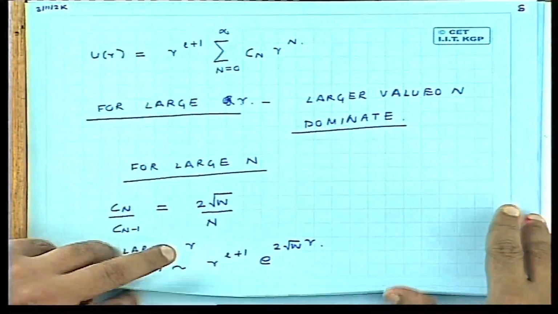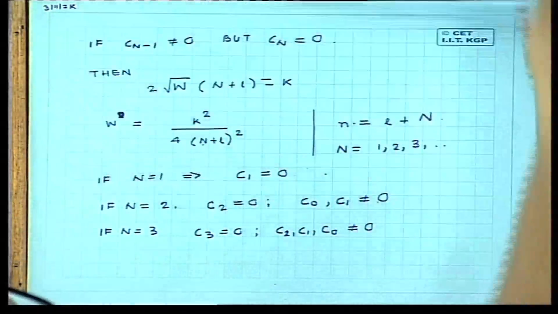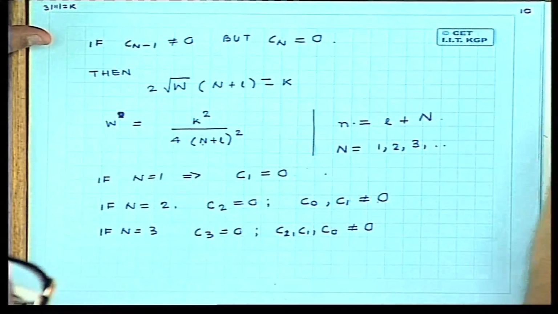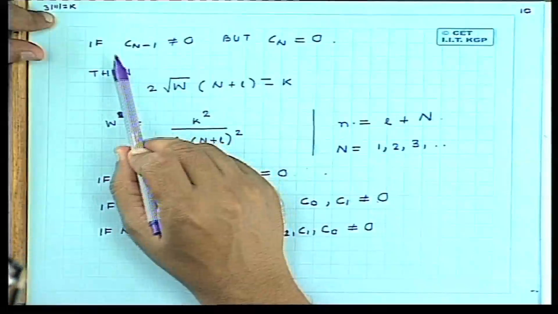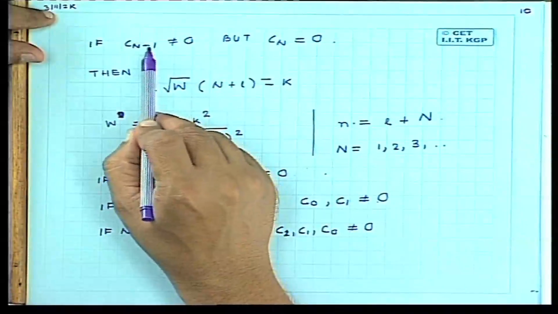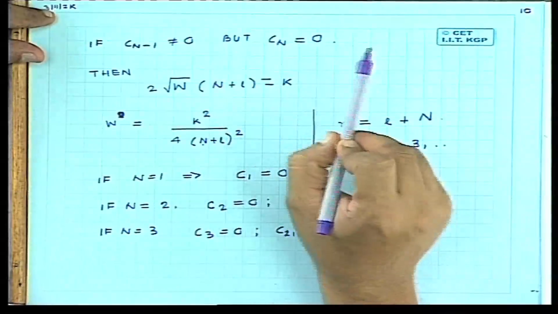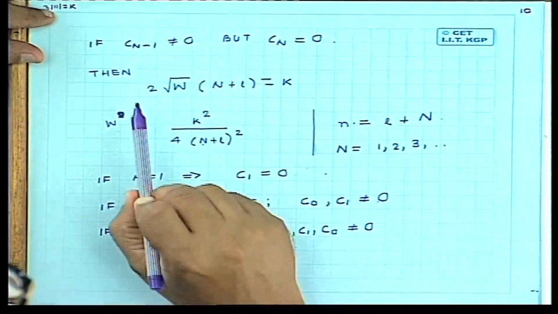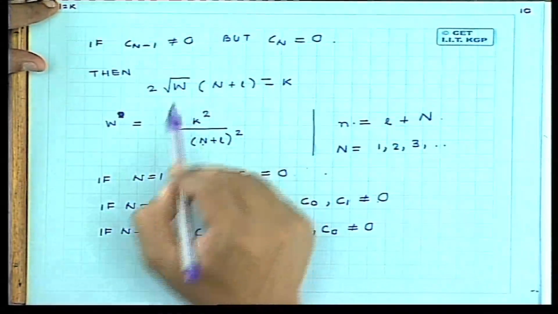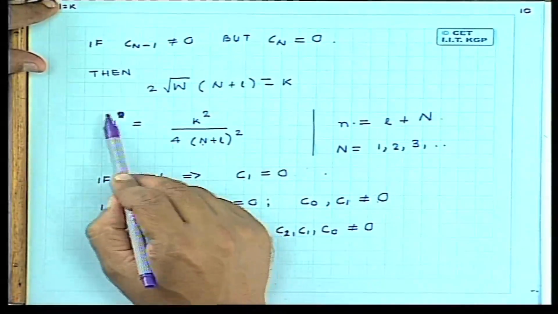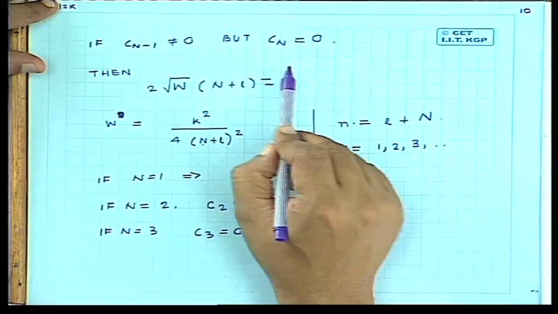So if we want C_0 up to C_(n-1), all the coefficients up to n minus 1, to be non-zero, and the nth coefficient and the higher coefficients to disappear, then this particular condition over here has to be satisfied, where W was the energy in some units and K was the coefficient that appeared in the Coulomb potential.